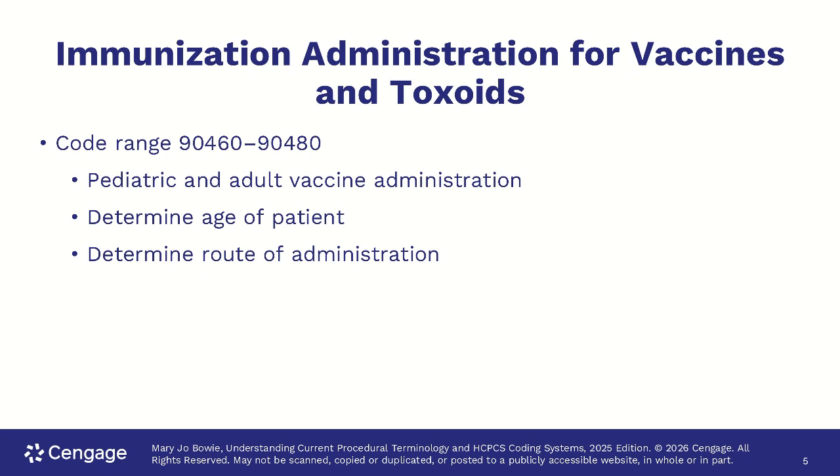These first 2 codes identify that the first code is for the first component, and the second code is for each additional vaccine or vaccine component provided.